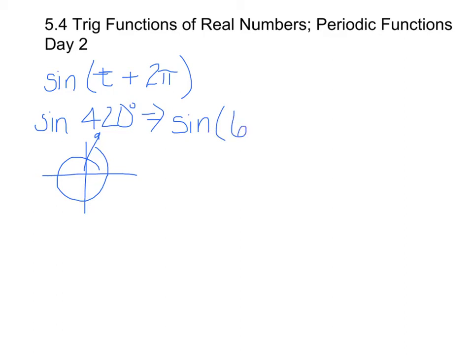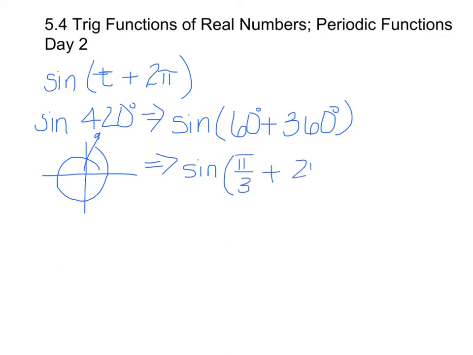Sine of 60 plus 2 pi, which is 360. And if you wanted to do it in radians, it'll be sine of pi over 3 plus 2 pi. So what that means is, instead of worrying about what sine of 420 is, we're basically only finding sine of 60, or, in radians, sine of pi over 3.